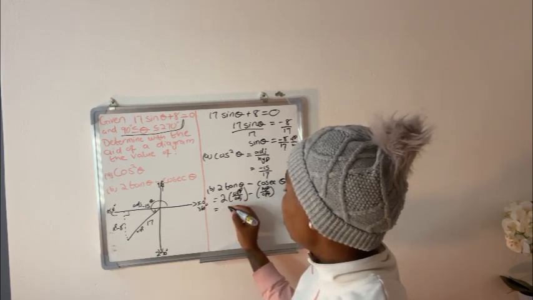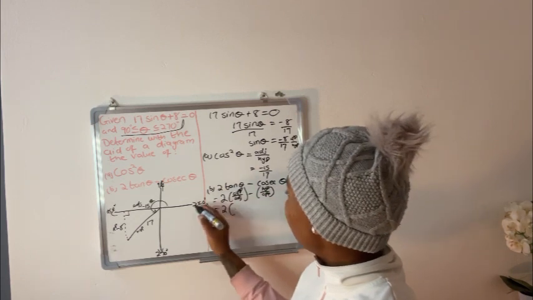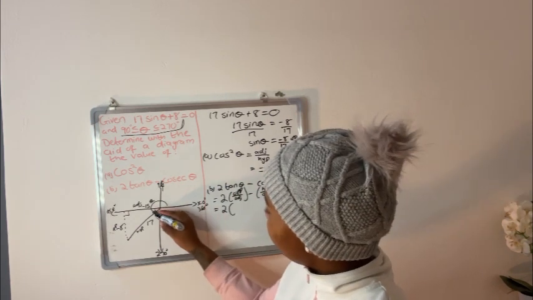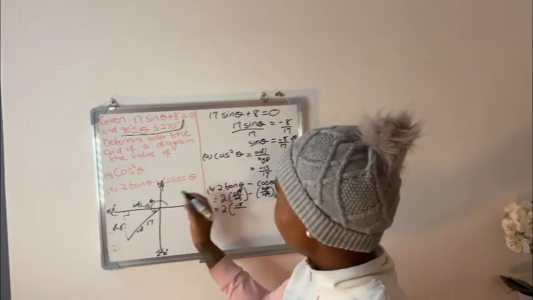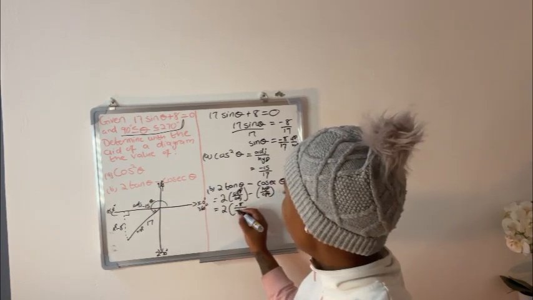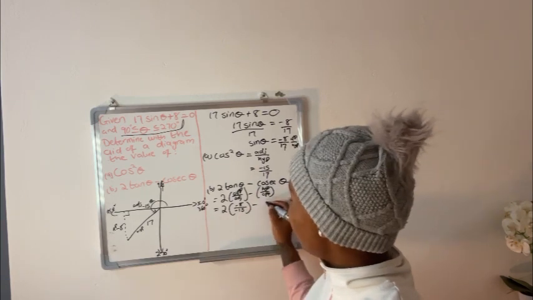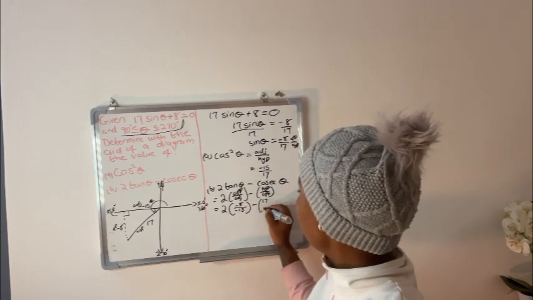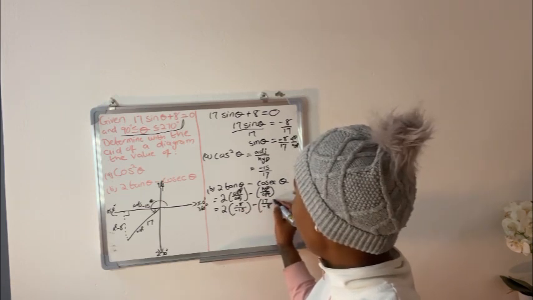Now we substitute our values. We have 2 multiplied by the opposite of theta, negative 8, over the adjacent of theta, negative 15, minus the hypotenuse 17 divided by the opposite negative 8.